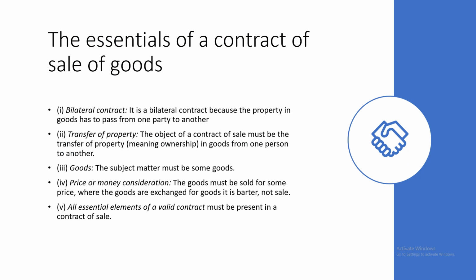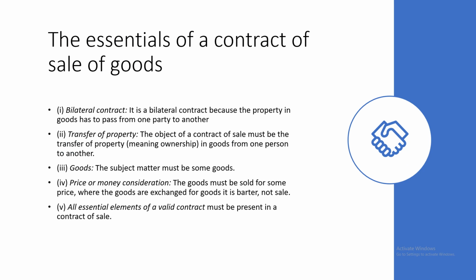That is, the ownership has to pass from the seller to the buyer. Second one, transfer of property. The object of a contract of sale must be the transfer of property, that is, ownership in goods from one person to the other. And the main subject matter of the contract of sale of goods is the goods.